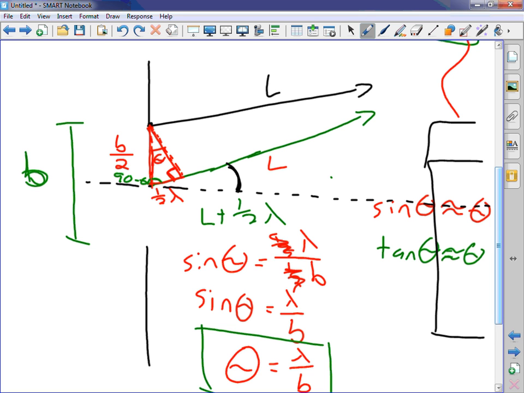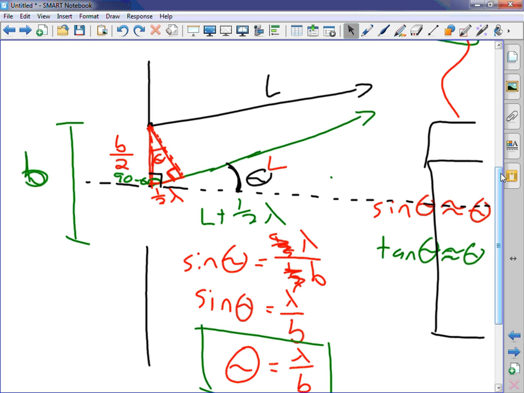This is theta, right there. Another right angle between those guys. One half of it is 90 minus theta, leaving the other half of it just to be theta. That's where this angle actually gets some meaning to it.